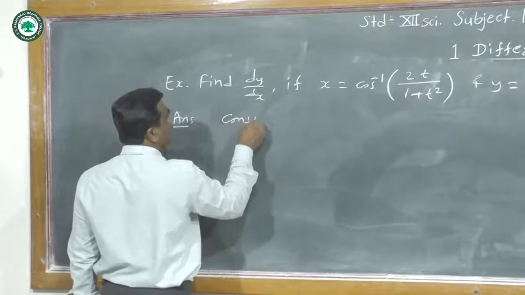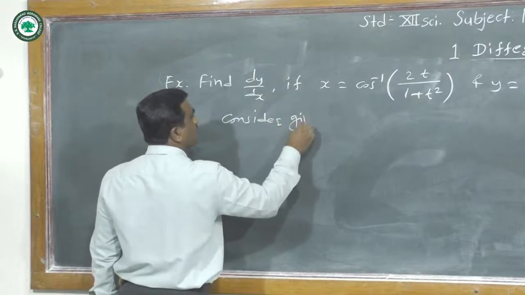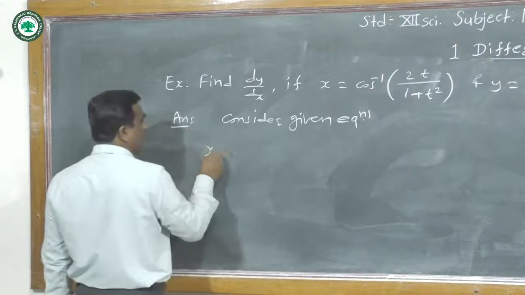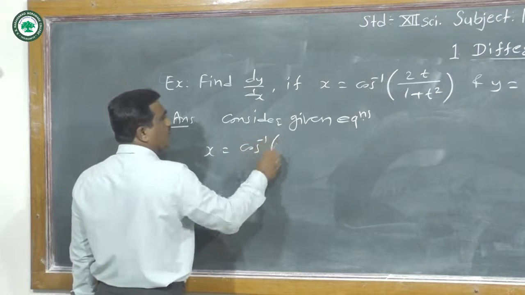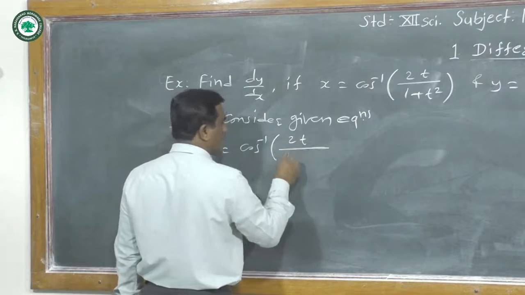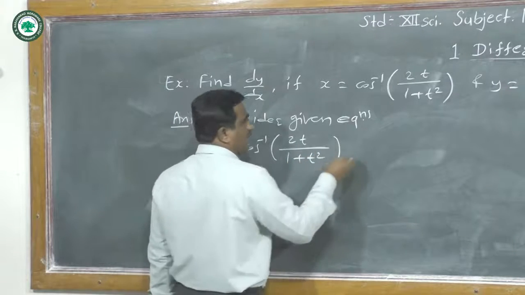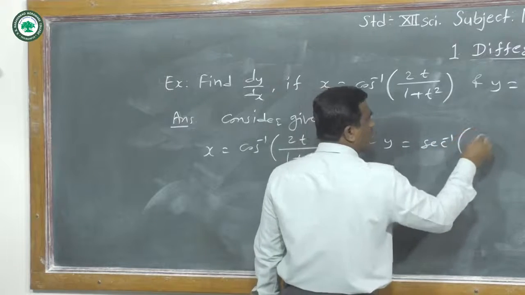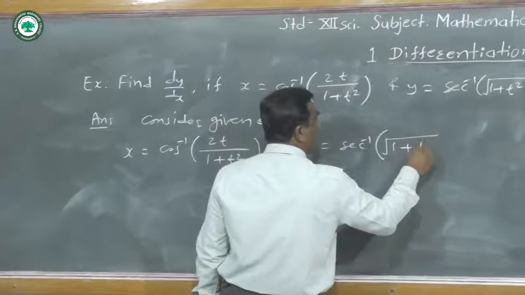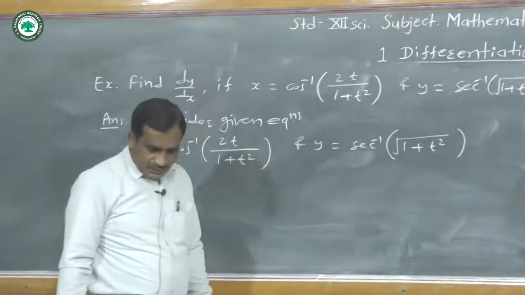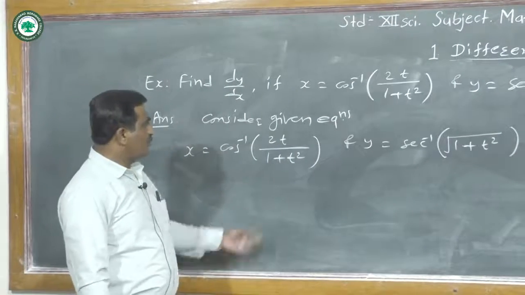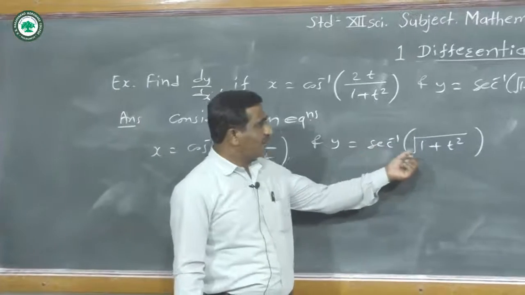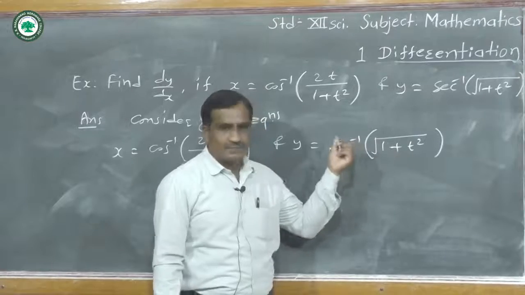Consider the given equations, that is x equal to cos inverse of 2t upon 1 plus t square and y is equal to sec inverse of under root 1 plus t square. Now in this example we have to convert this angle into the form of cos here, and in this equation this angle into the form of sec.